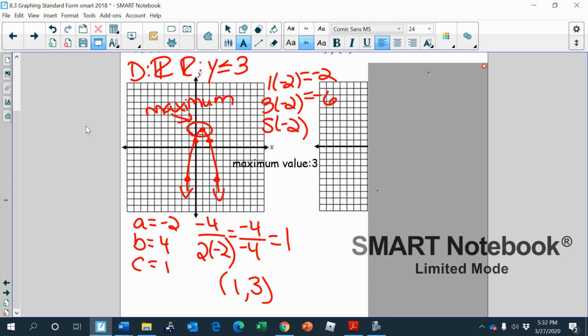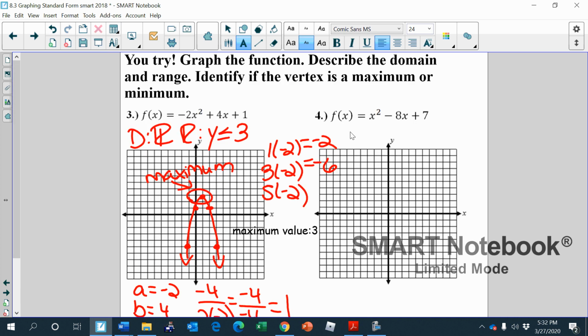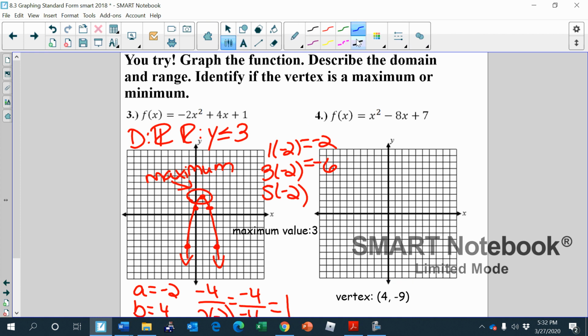Okay. And then let's do number 4 together. For number 4, your vertex we should have gotten was 4, -9. Let's graph that. So 1, 2, 3, 4, -9 is all the way down here.